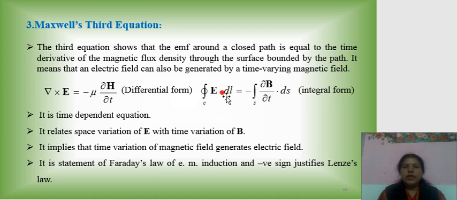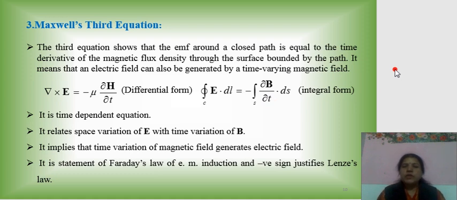The EMF around a closed path is equal to the time derivative of magnetic flux density through the surface bounded by the path. It means that an electric field can also be generated by a time varying magnetic field.